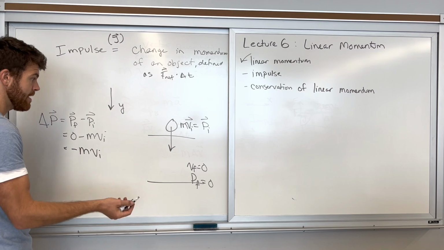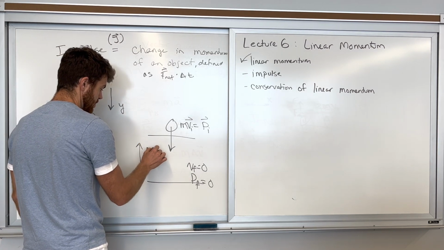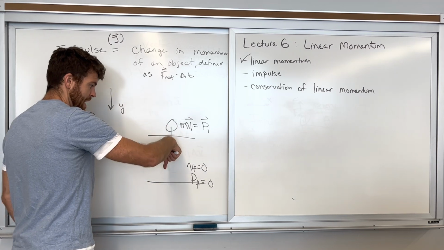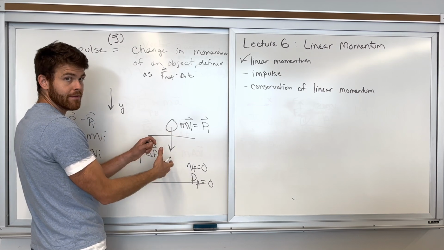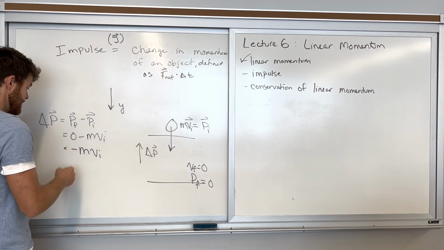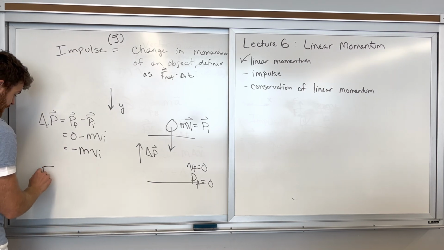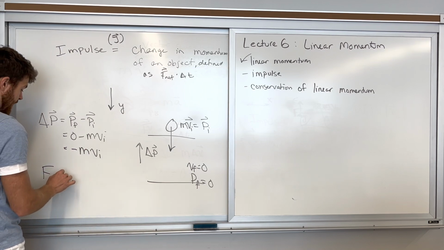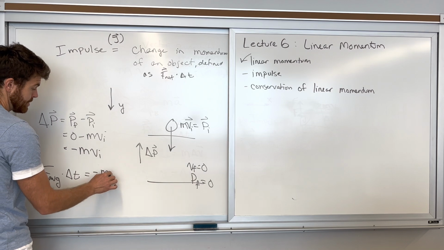That's the change in momentum, and it is in the upward direction. Which makes sense, because if the initial momentum is downward, in order to come to 0, the change has to be upward to cancel that out. Now that must equal the impulse. So the average force exerted on that egg multiplied by the time is equal to that change in momentum.